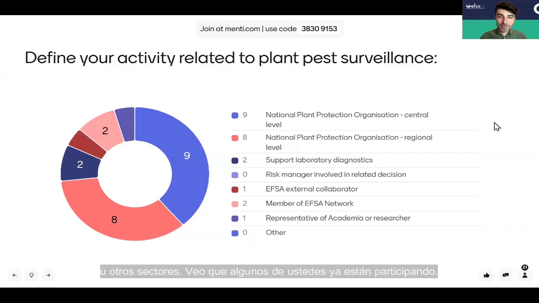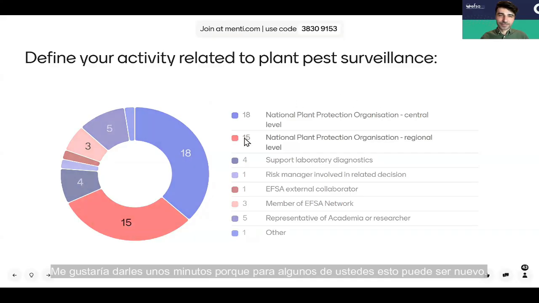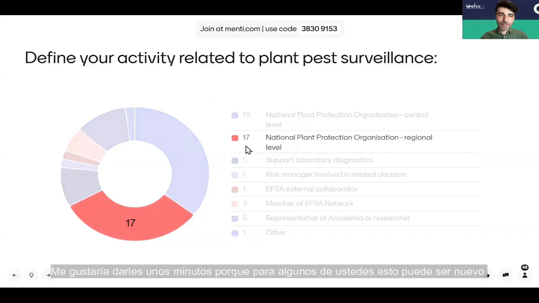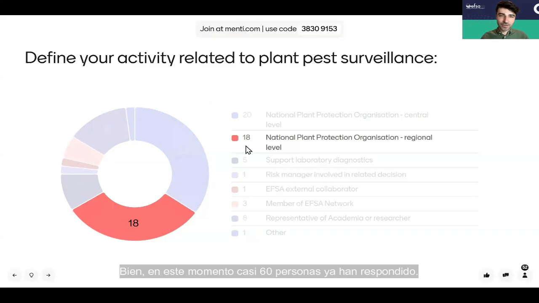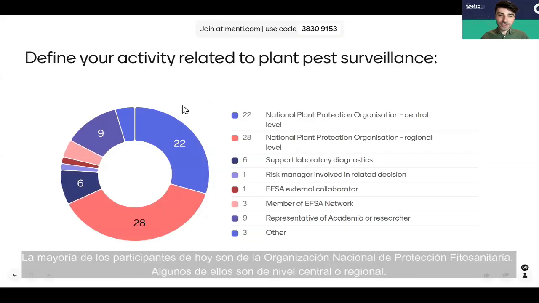I see some of you are already participating. I'd like to give you some minutes because for some of you this might be new. At the moment almost 60 people have answered. Most of the participants today are from the National Plant Protection Organization, some of them central level or regional level.